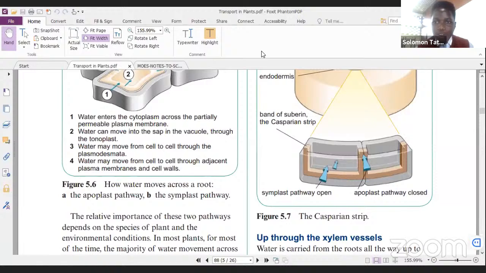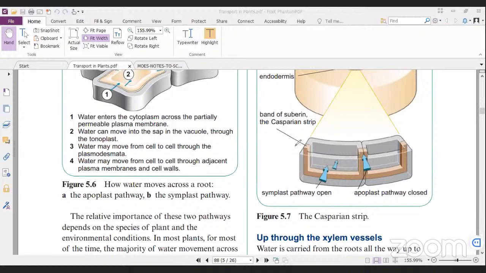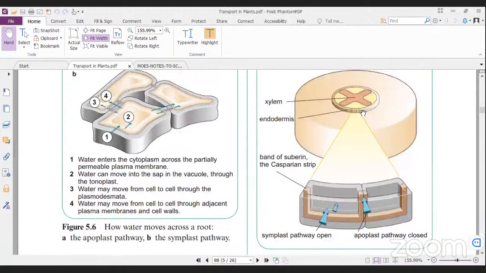Who can describe for us the Casparian strip, or what do you know about the Casparian strip? I think, according to me, sir, the Casparian strip is just the waterproof substance that is found together with the pericycle.